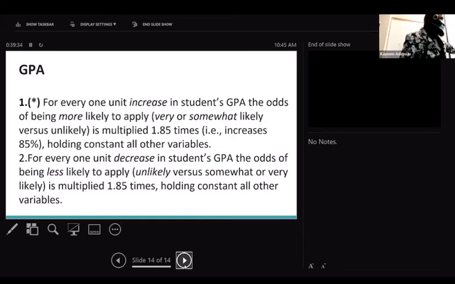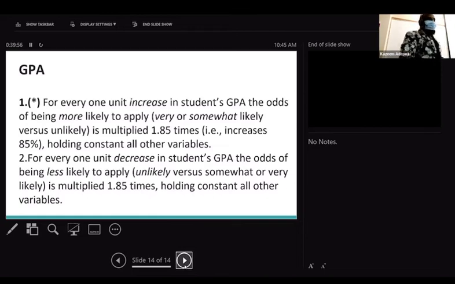1.85 times. Look at that. Another way we can interpret this: for every 1 unit increase, I'm going to talk about more. If I do a unit decrease, I'm going to talk about less.